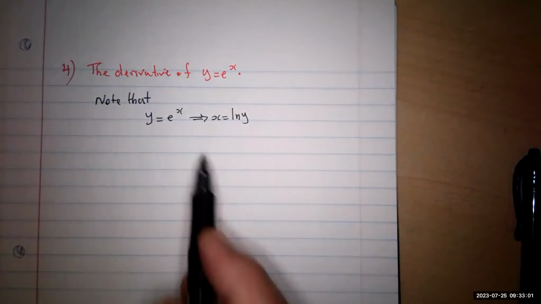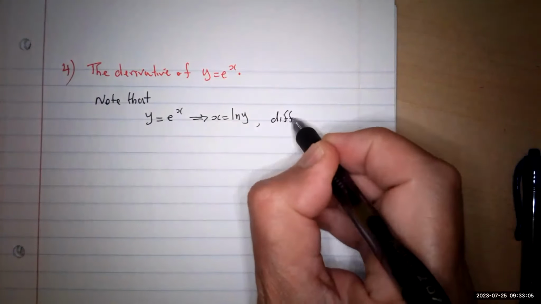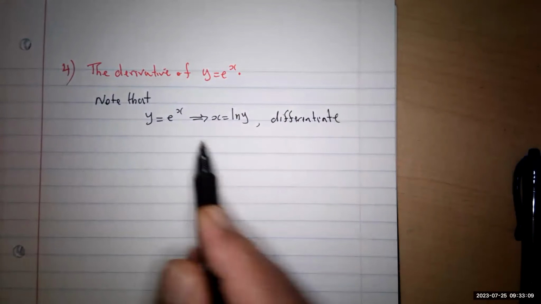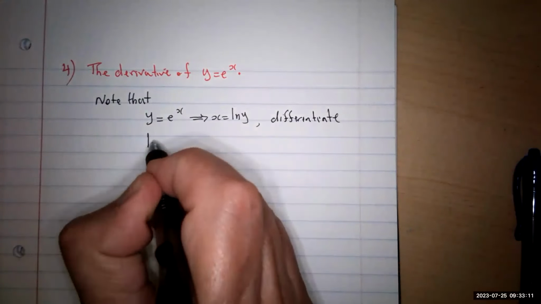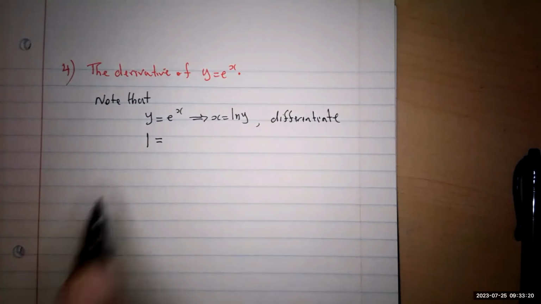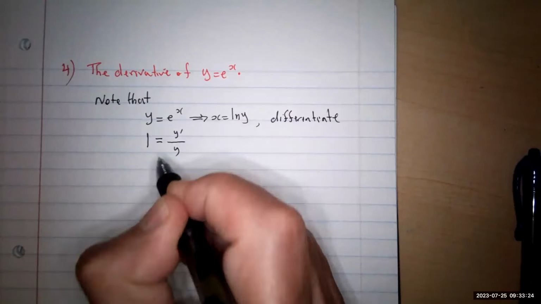Now, if you differentiate both sides, the derivative of x would be 1. But the derivative of ln y, remember, it's implicit differentiation. y is like the u, it's going to be u prime over u. In this case, it's going to be y prime over y.